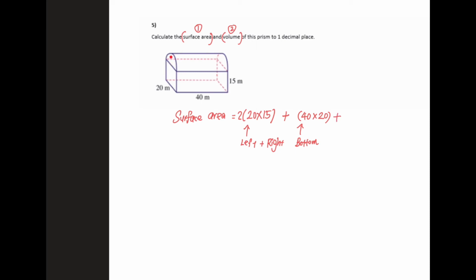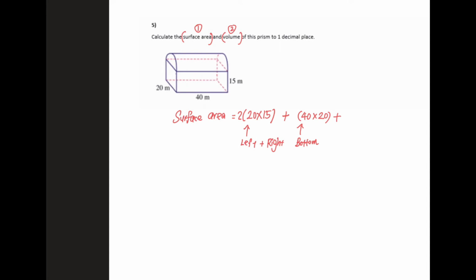the semicircle on the left and the right. If you have two semicircles, they end up as one circle. Two semicircles added together is one circle, and the area of a circle is pi r square. So you have to bear in mind the pi r square.